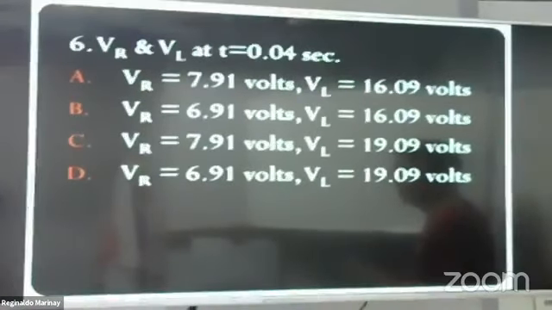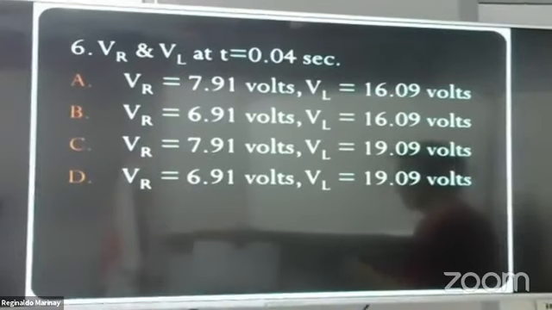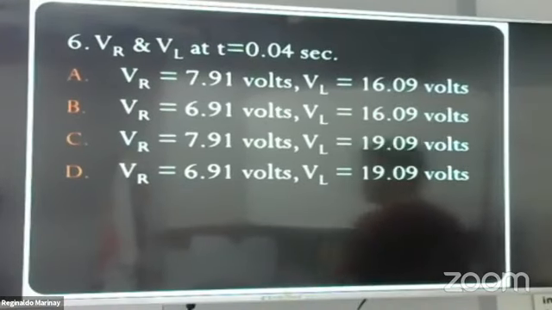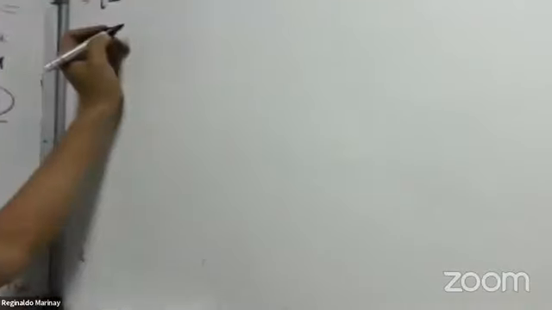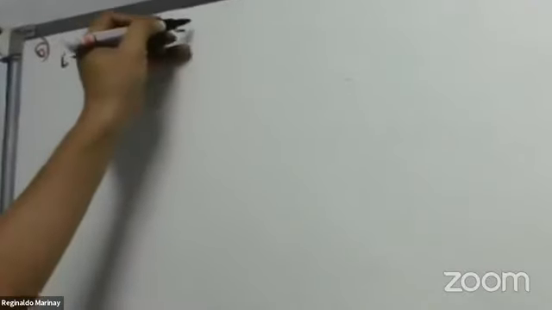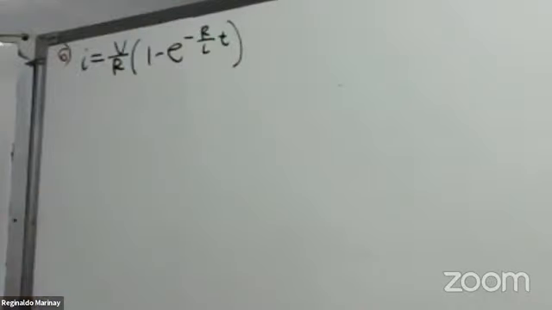Oh, by the way, we have to take note of our formula. Again, our formula for i is simply equal to what? That is V over R times 1 minus e raised to negative R over L times t.